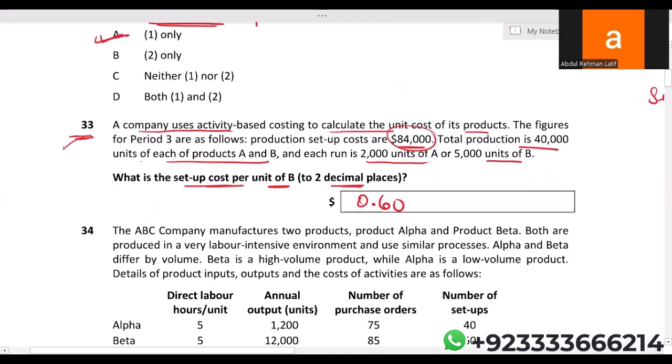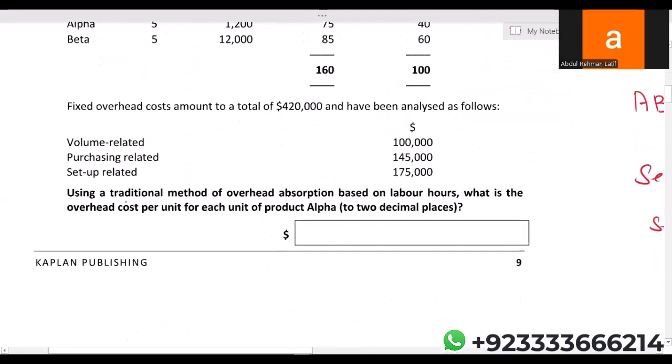Now, let's see the next question, 34. Using the traditional method of overhead absorption based on labor hours. Basically, when it comes to absorption costing, either we use machine hours or labor hours. Here it is categorically mentioned that it is labor hours.